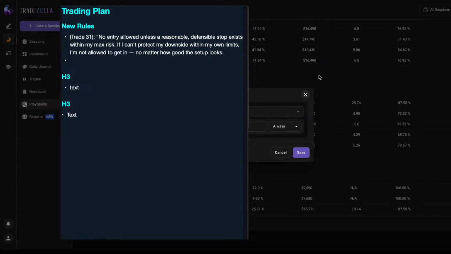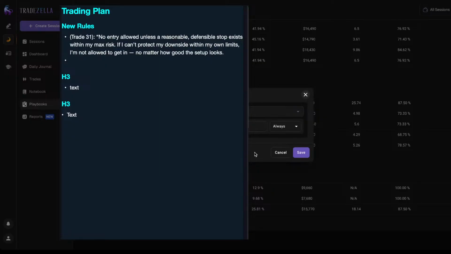Emotion proof, pure logic, no stop, no shop. The guardian rule, the guardrail, stop loss guardrail. SL armor.